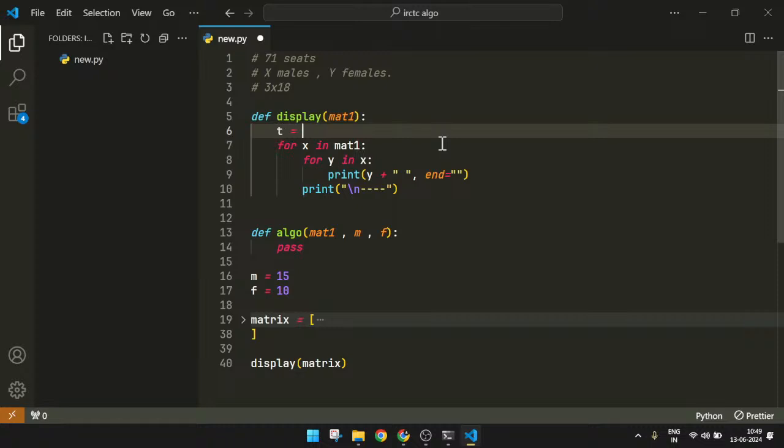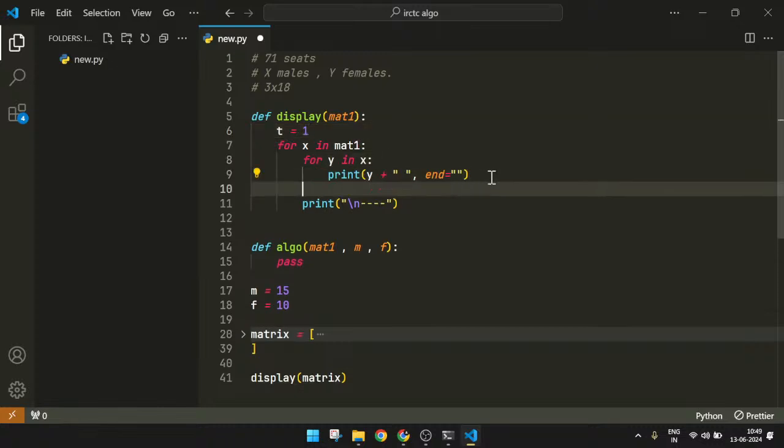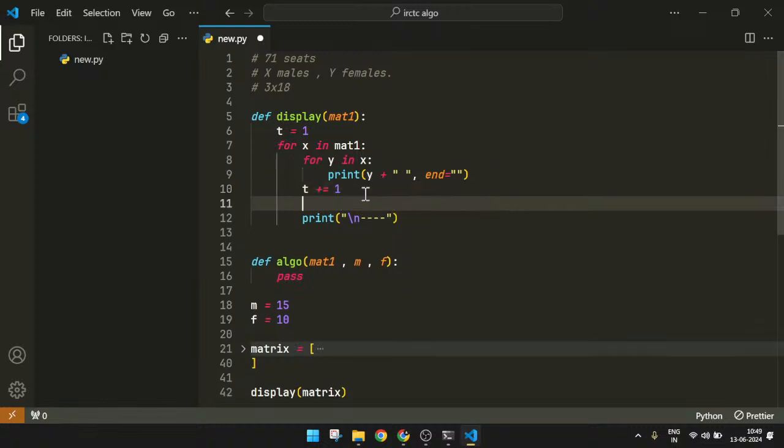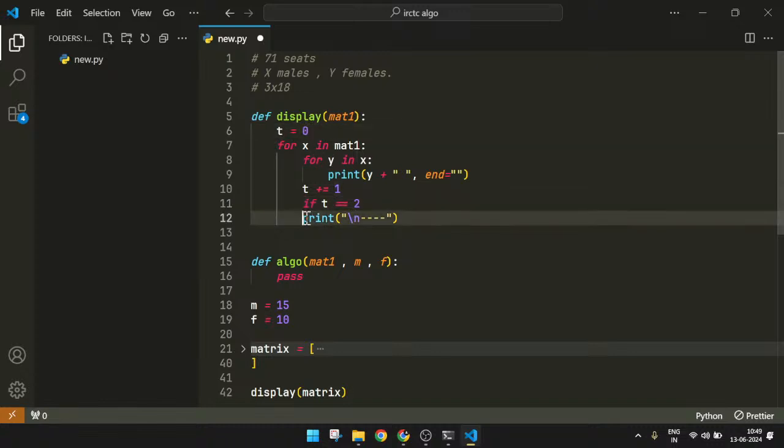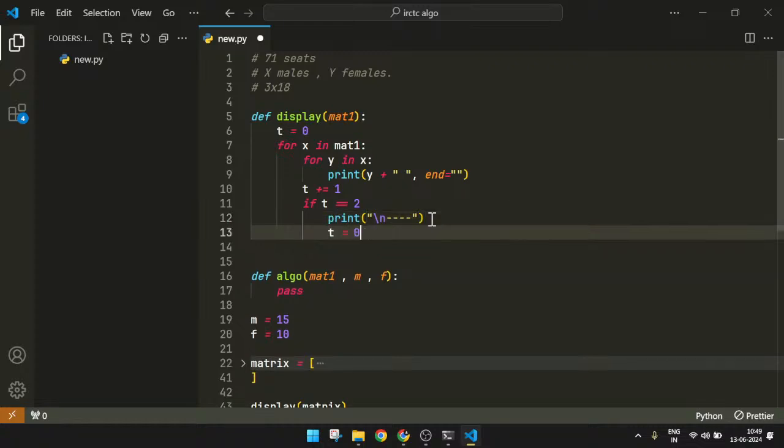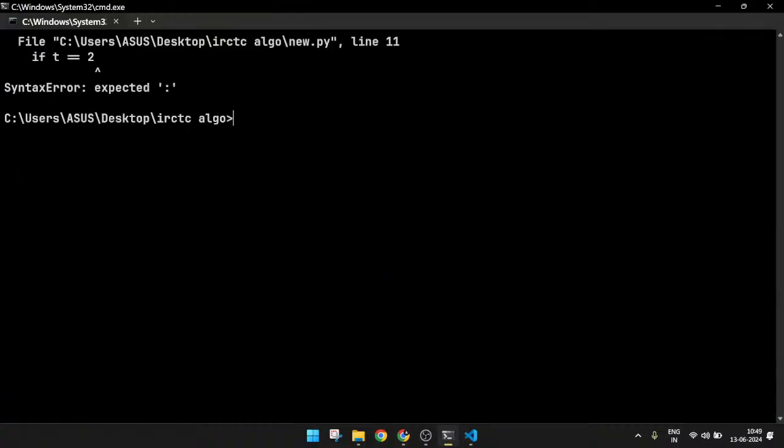Can use... By this code, I think I'm able to do it.